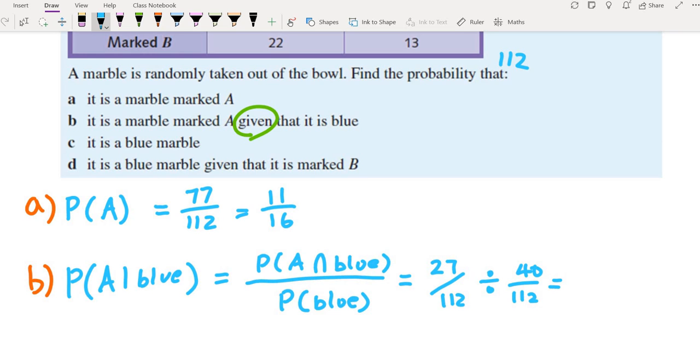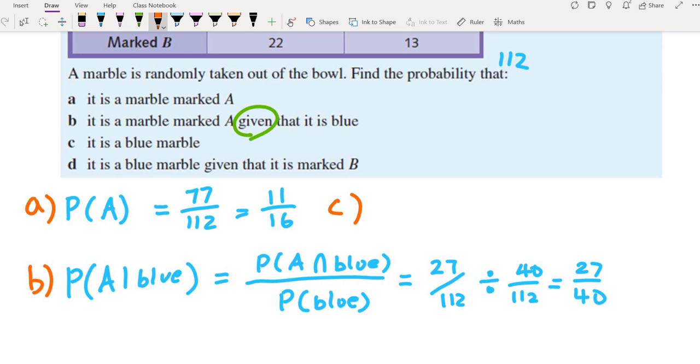So when we do this, we are going to get 13 over 35. That is incorrect. We will get 27 over 40.